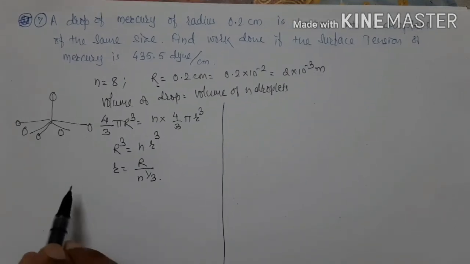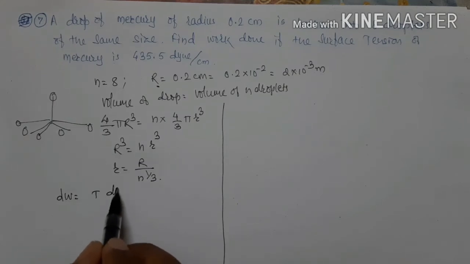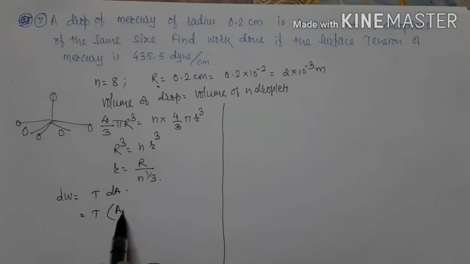Now, work done in this case dW is equal to T into dA. It is T into increase of area, final area minus initial area. It is T into 4 pi r square. Here n droplets are there, so n into 4 pi r square minus 4 pi capital R square.